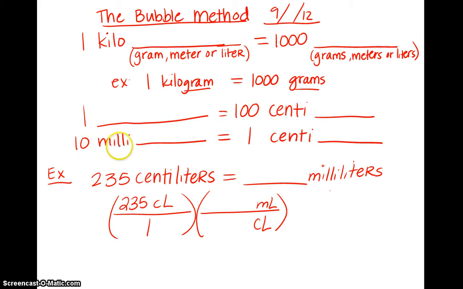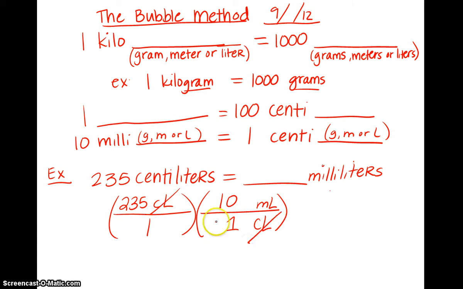So I know that 10 milliliters equals 1 centiliter. Okay, so remember, this can be grams, meters, or liters. Works the same way. Okay, so 10 milliliters equals 1 centiliter. So this is all set up, ready to go.